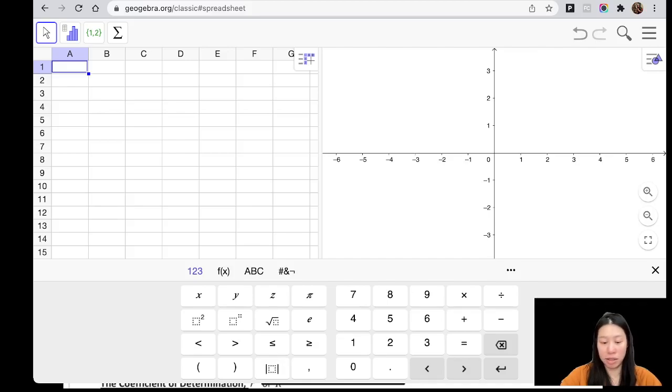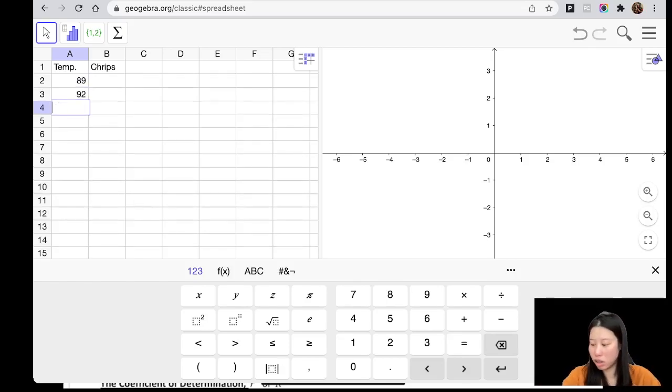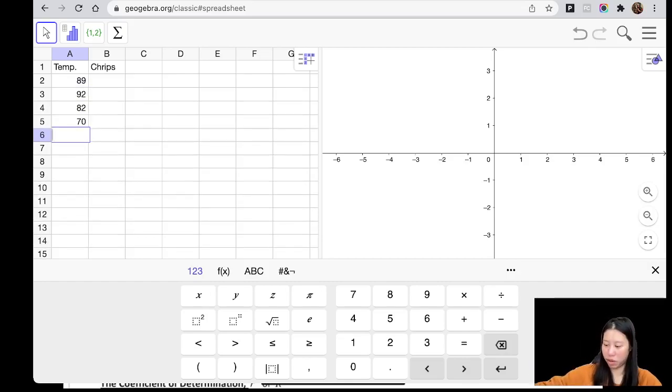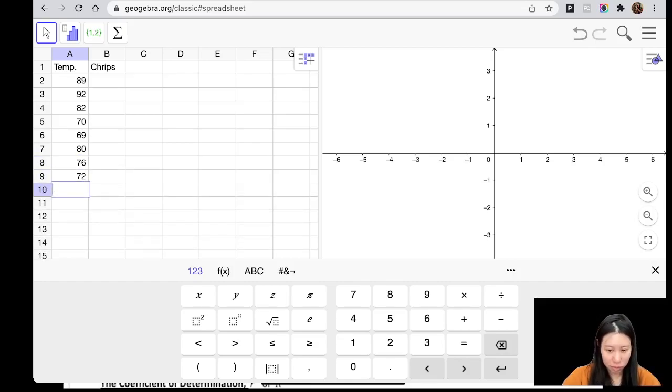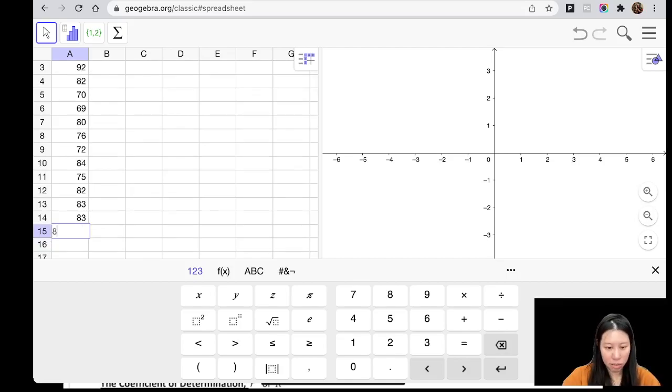Remember, column A is the X value, temperature, and column B is the chirps per second. So you do it one by one by hand.